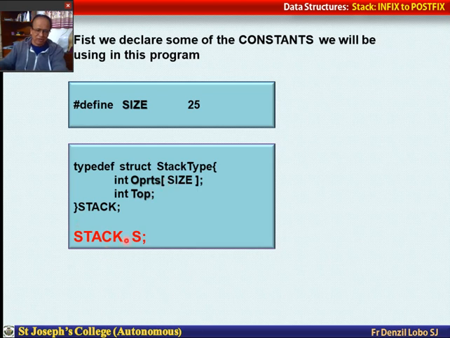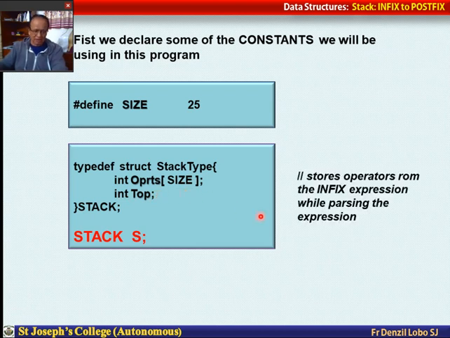Then we create a new variable called S of the stack type. So we have created a new data type here called stack, which contains an array of this size and one more variable top, which gives us the information about the number of operators on the stack. So let us carry on.